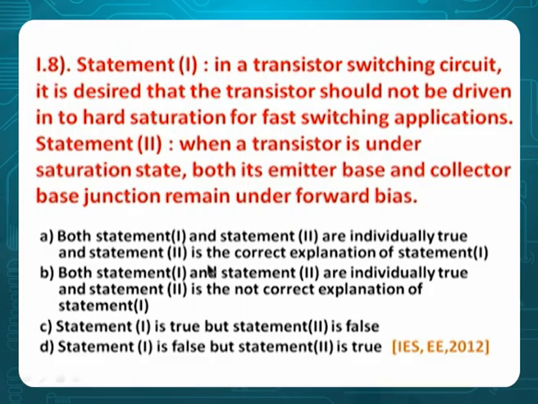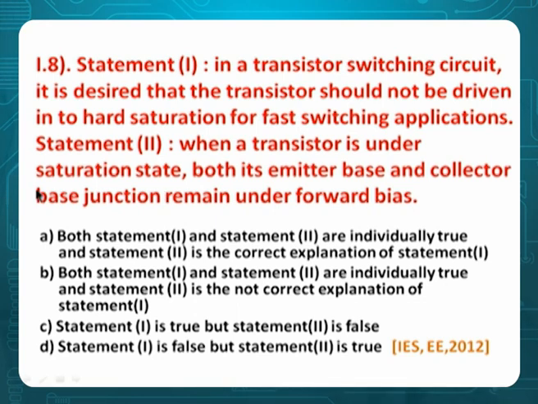Statement 2. When a transistor is in the saturation state, both its emitter and collector junctions remain under forward bias. That's a natural thing. We have been telling so much, by this time everybody knows it. Saturation means both input and output are forward. Both are true, but are they linked or not? Absolutely, they are not linked.